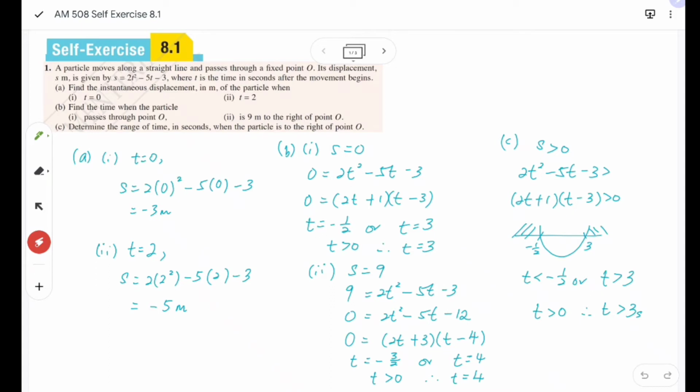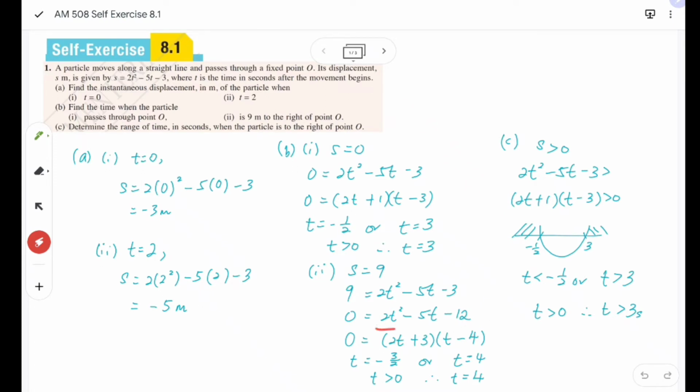Number 2, s equals 9 because 9 meter to the right of point O. So 9 will be positive. 9 equals 2t squared minus 5t minus 3. And then make this quadratic equation in general form. We get 0 equals 2t squared minus 5t minus 12.